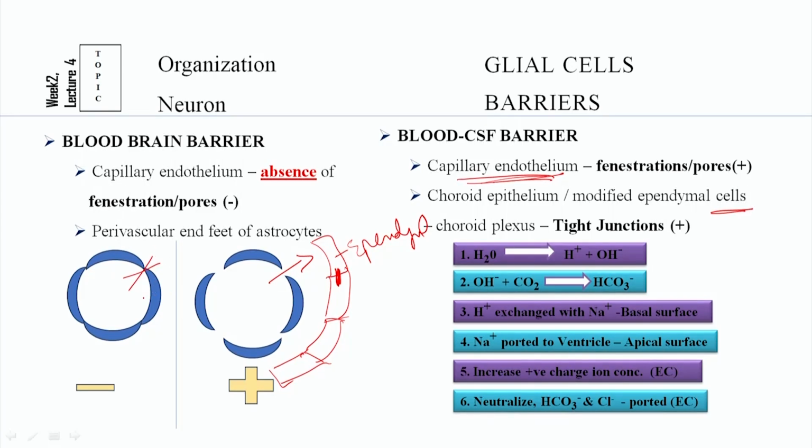Now coming to the blood-brain barrier, where the blood vessels lack fenestrations or pores. Due to that reason, the endothelium itself will not permit any molecules to pass through. So they have to find a way to move from the endothelium to the extracellular interstitial fluid. For that they use a transcellular pathway.